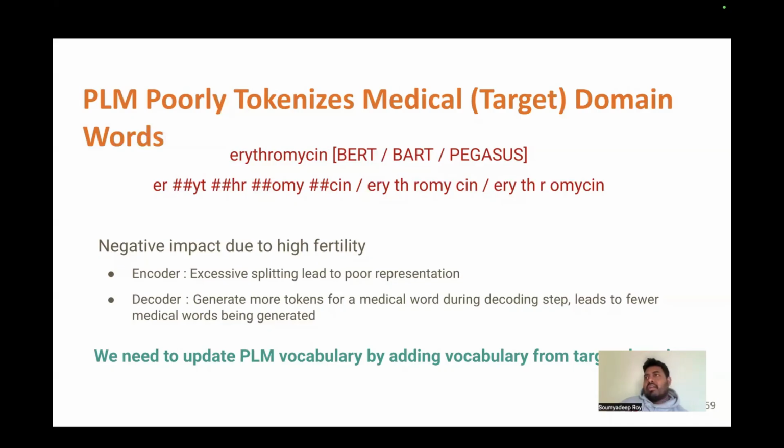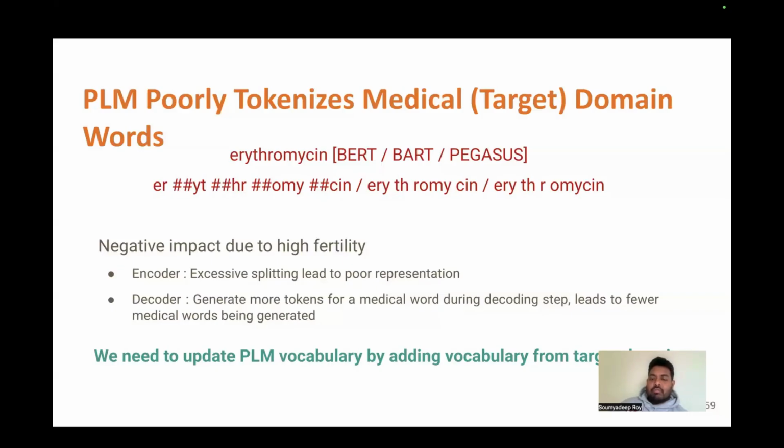On the decoder side, it is much more difficult to generate these medical words, as you have to have these tokens generated in the right order. So the main takeaway is that we need to update for these cases where there's high OOV concentration or high novelty.